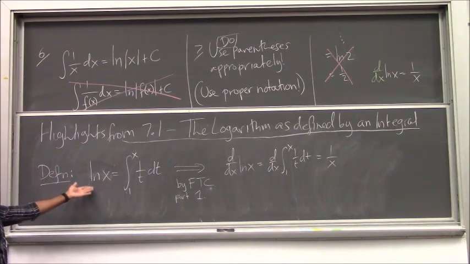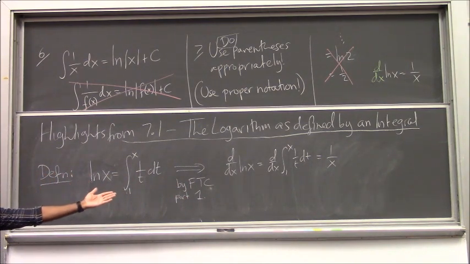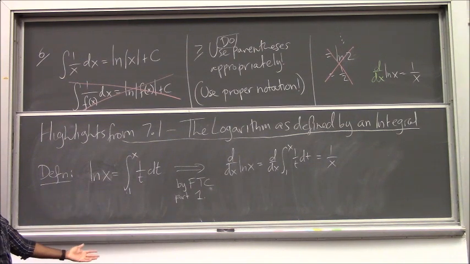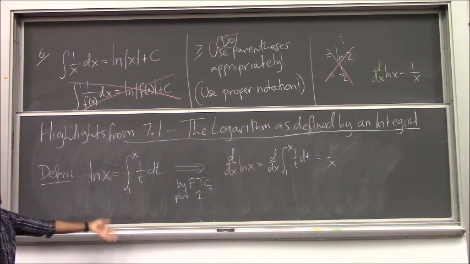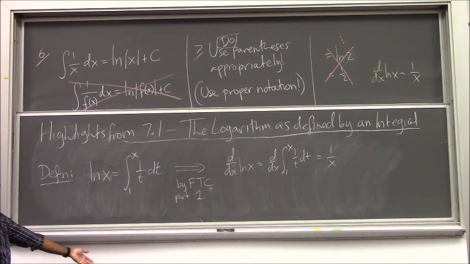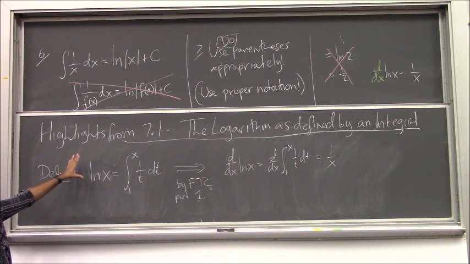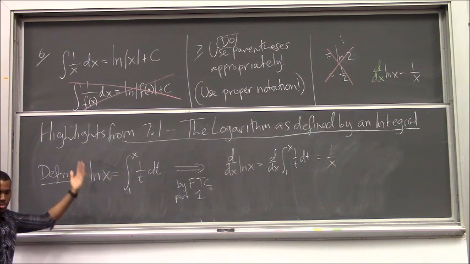So they define the logarithm this way, they derive the derivative for the logarithm that way, and then the section just goes through and rederives all the rules that you already know about exponentials and logarithms, but from this perspective, that the logarithm is just a function defined by this integral.